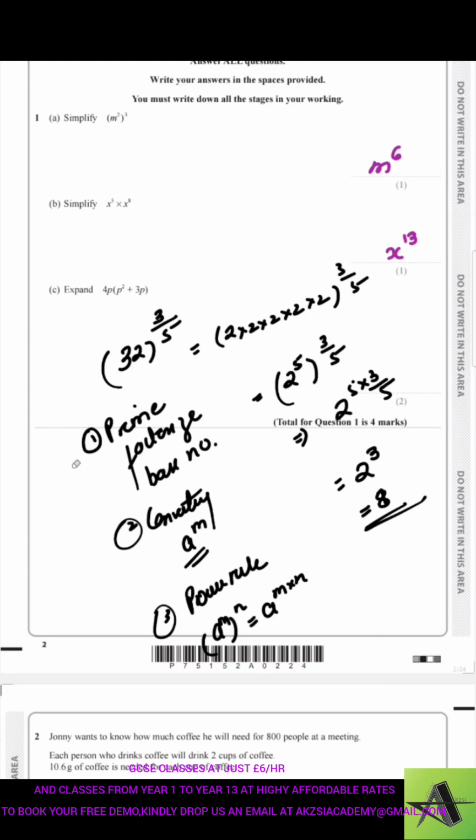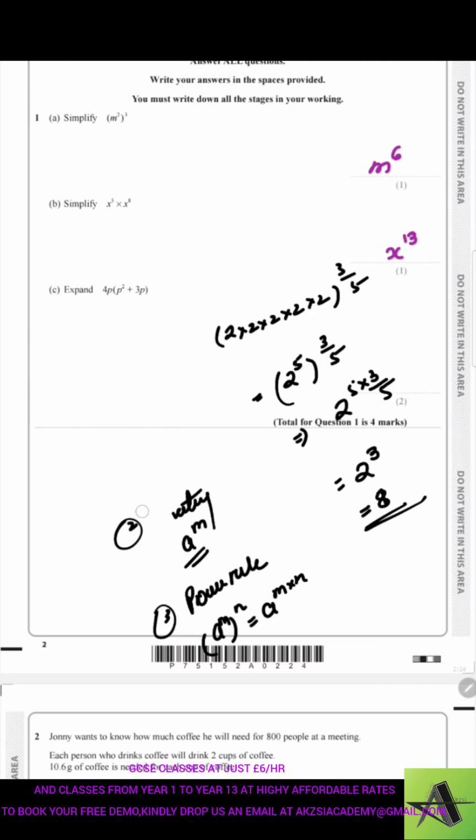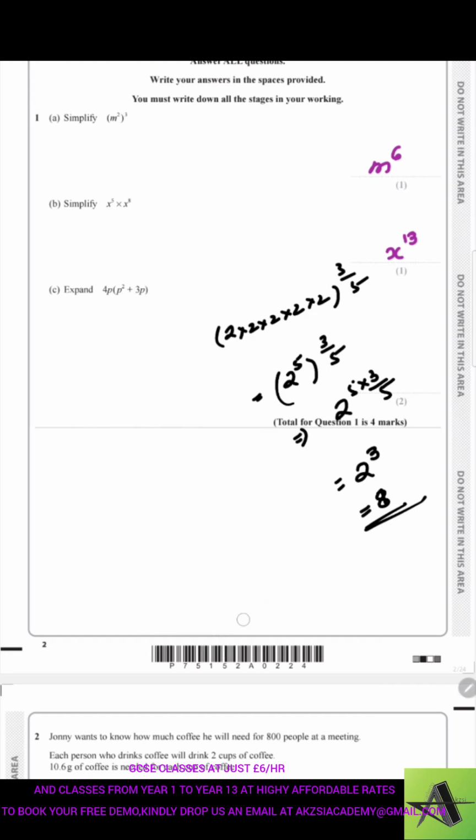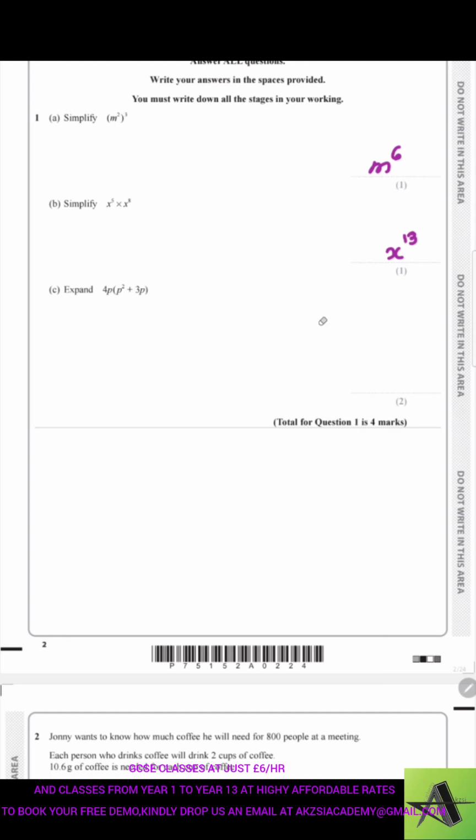Now, part C says expand 4p times p squared plus 3p. So here we are expanding. Now, this is about expanding the single bracket. Expanding a single bracket says you have to expand every term outside with every term inside.